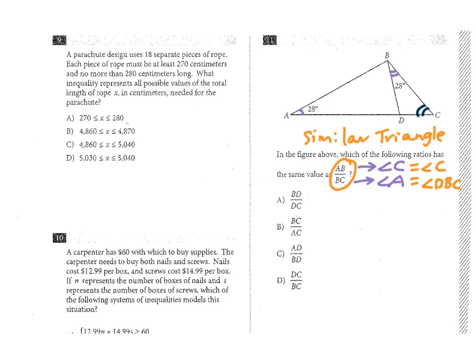For triangle DBC, the side corresponding to angle C is BD. For triangle DBC, the side corresponding to this angle is DC. Therefore, it's BD over DC.